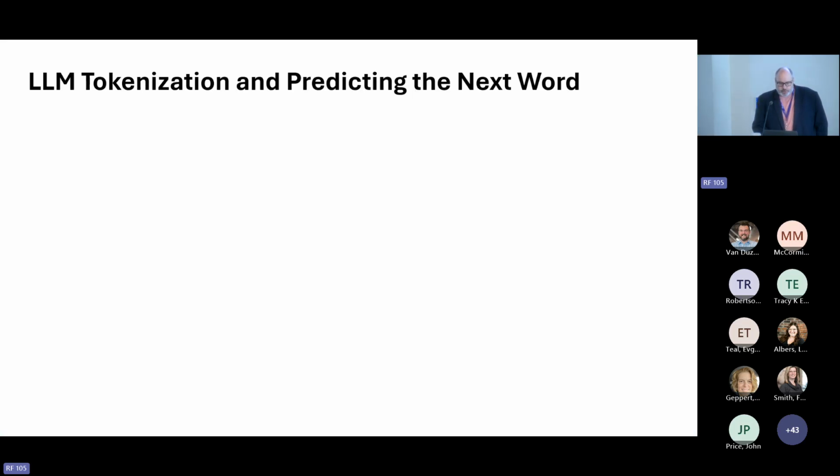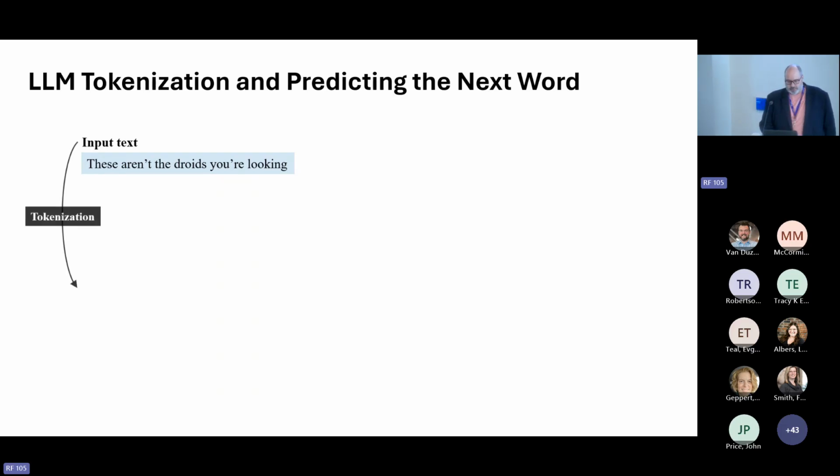I always start by grounding us. Remember, at its core, what we're talking about still, and this may change soon, with these large language models, these neural networks, is predicting the next word. So if we have input text like, "these aren't the droids you're looking," what's the next word?